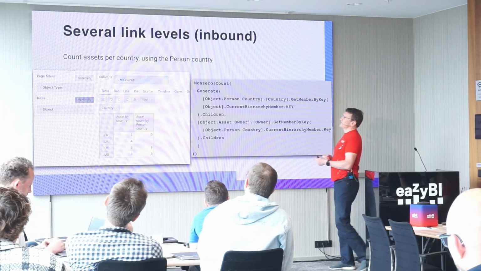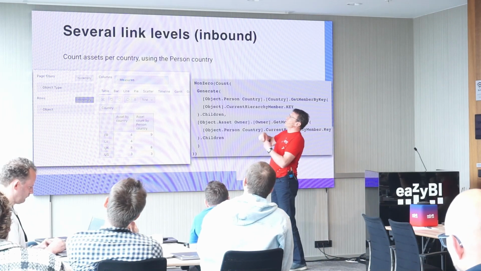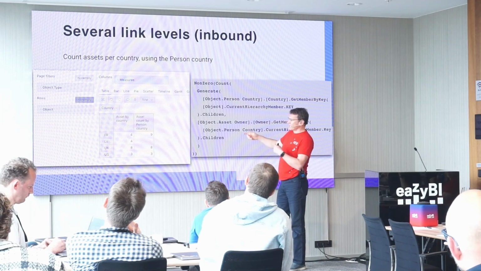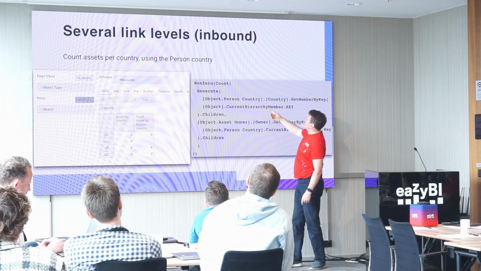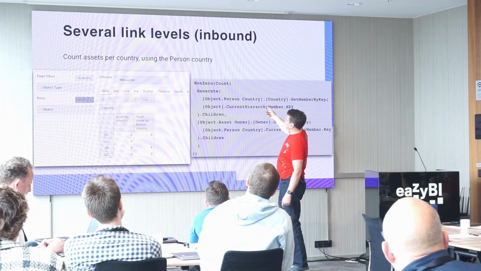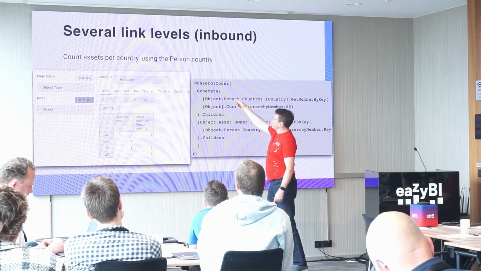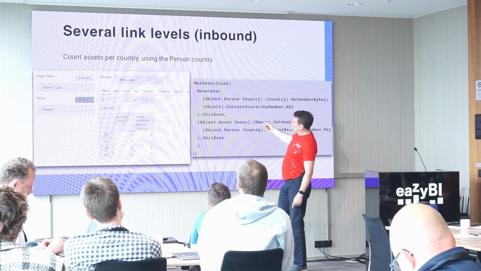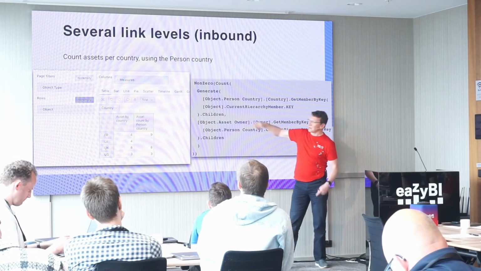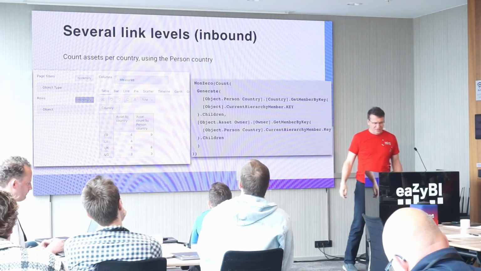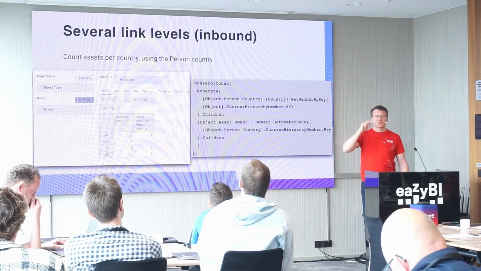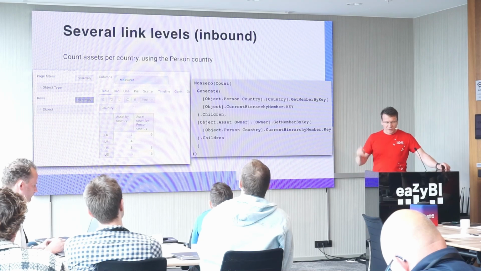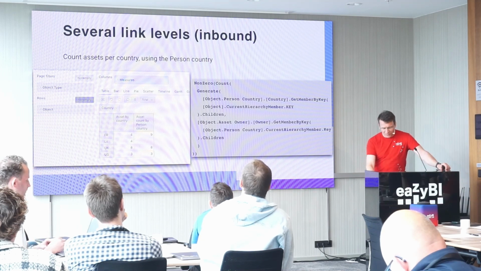It is the function that generates a set from another set. From country, I generate persons, and then from owners I generate the assets list, and that combines together to show the asset count by person's country. This will be available and I think published, and you can copy that later.